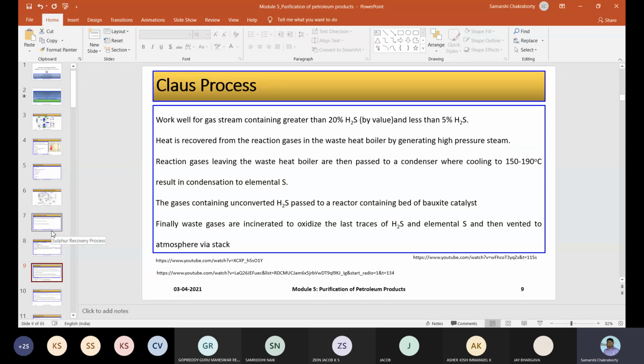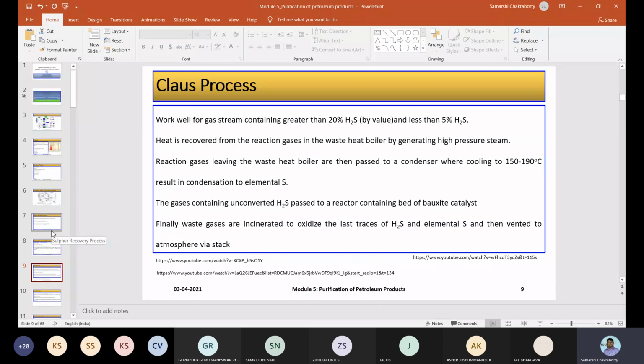So the heat after the reaction has to be recovered in the waste heat boiler by generating high pressure steam. The reaction gases leaving the waste heat boiler are then passed to a condenser, where cooling will take place up to 150 to 190 degrees centigrade, and the condensation to elemental sulfur will take place.